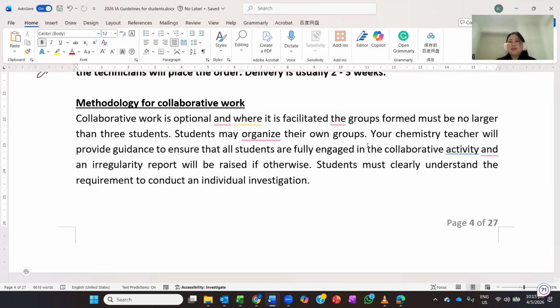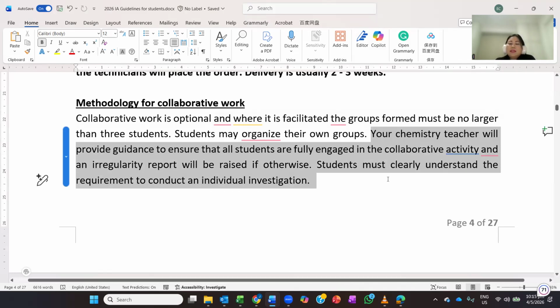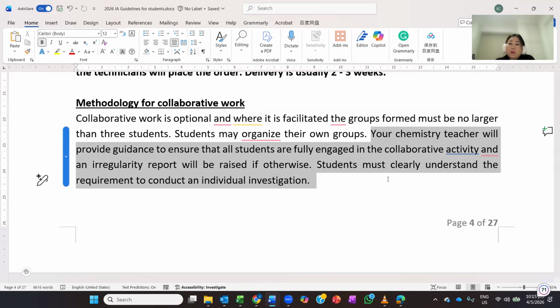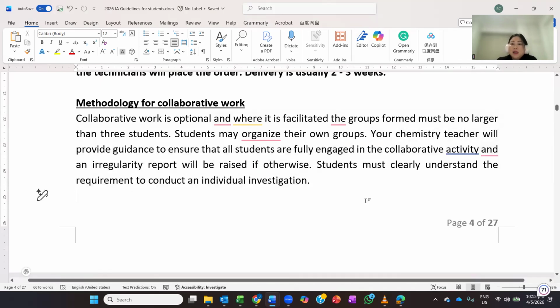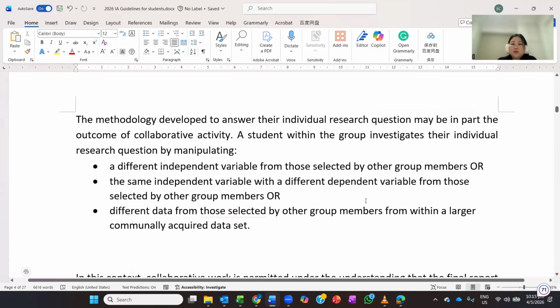You cannot have both persons having the same procedures, because your dependent variable should be a bit different and your independent variable should be a bit different. You can't be the same in the group. So try to do it individually. If there's an incident where both reports, both data sets or both procedures are too similar, then it's a bit problematic to handle. So stay as an individual. It will be the best for you.